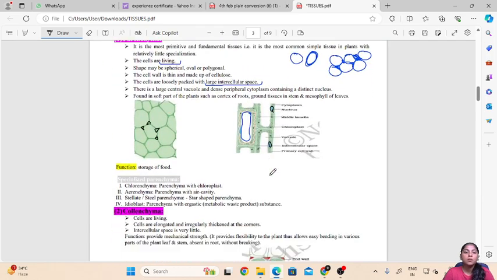Then in some plants, these parenchyma cells contain chloroplasts. As we know, chloroplasts are useful in photosynthesis, or preparation of food in plants. So in some parenchyma tissue there is presence of chloroplast.